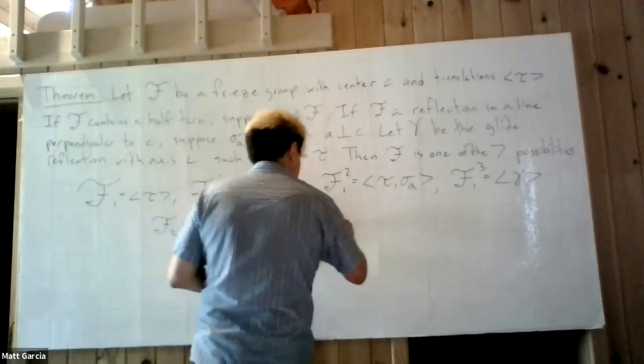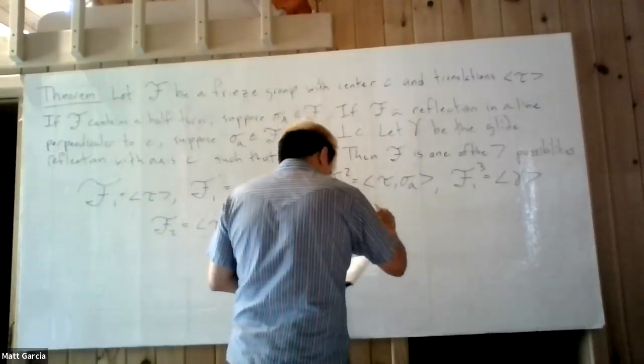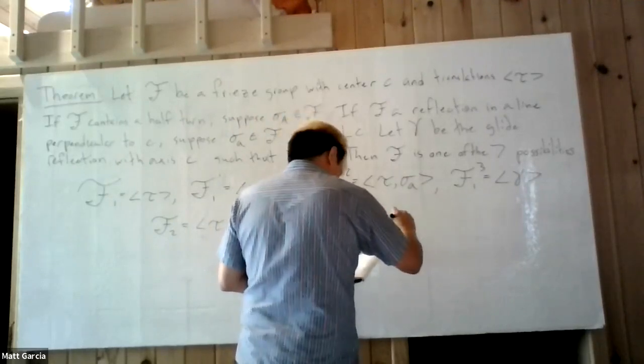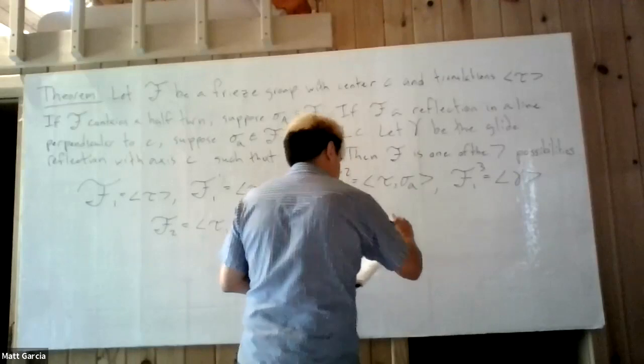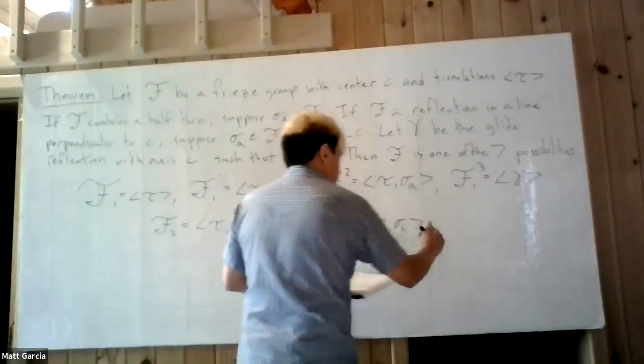F21, which is the group generated by tau, sigma A, the half turn, and reflection in C, the center.